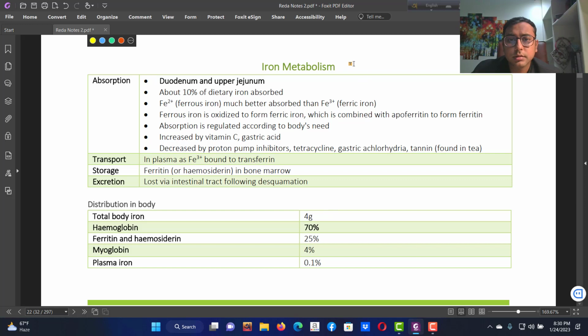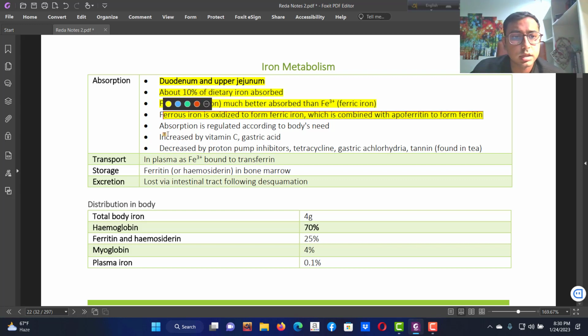Now the iron metabolism. This is one of the important metabolic features. Iron is absorbed in the duodenum and part of the jejunum, 10% of dietary iron is absorbed. Ferrous is much better absorbed than ferric. Okay, ferrous ion is oxidized to form ferric ion, which is combined with apoferritin to form ferritin. Absorption is decreased by proton pump inhibitors, tetracycline, gastric achlorhydria, and tannin, like tea.